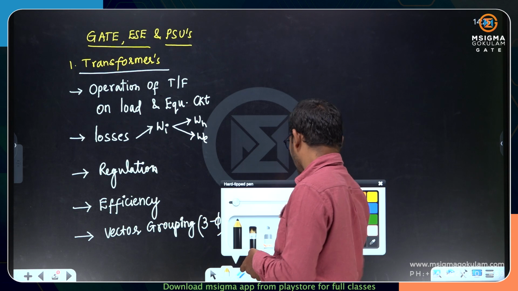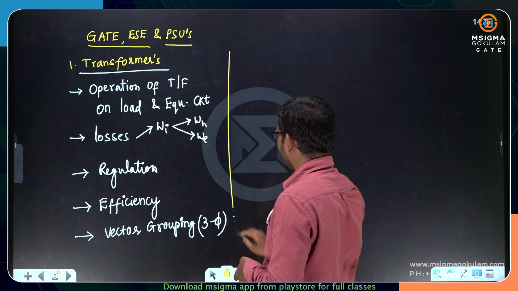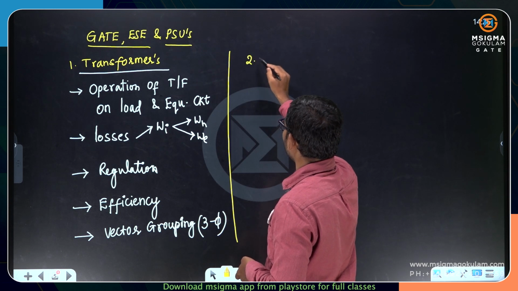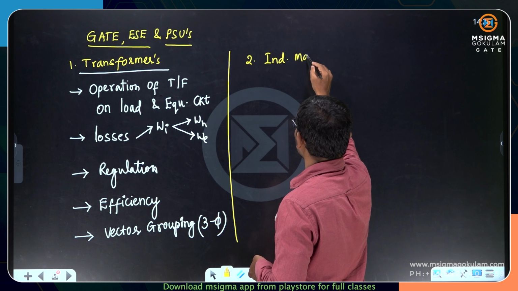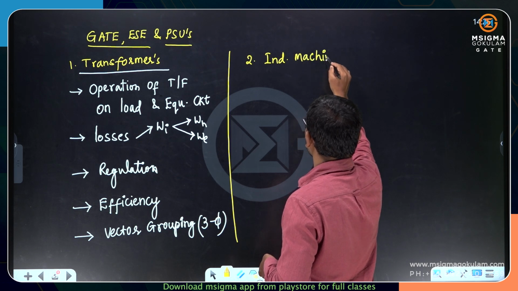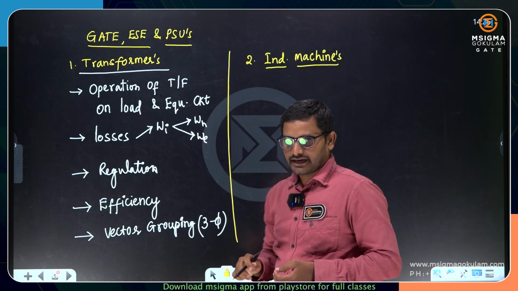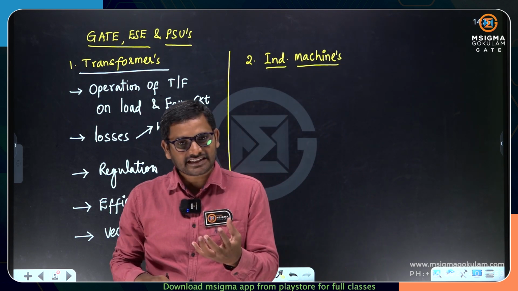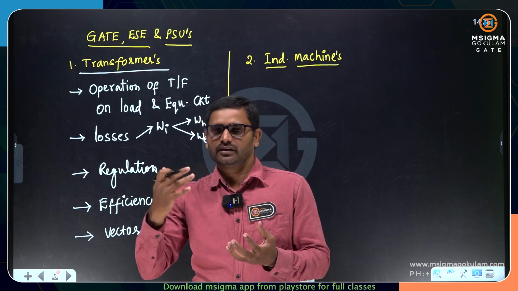And coming to the next one, after this I can tell you the second part. I'll be taking it as induction motor or induction machine. Generally a machine can be a motor or it can be a generator.